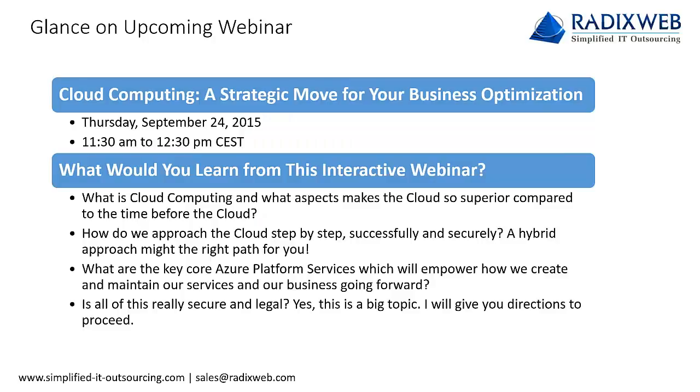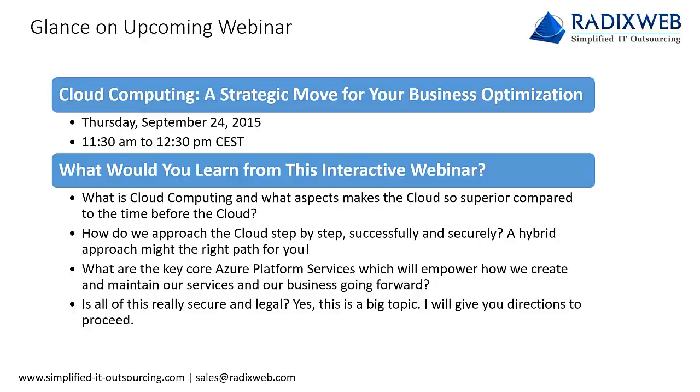ask those questions now. While you think about this, I'm going to call out an upcoming webinar where we will talk more about strategic decisions and business optimization reasons to go to the cloud. It's going to be Thursday, September 24th, and this webinar is going to be more about the business aspect of cloud utilization.